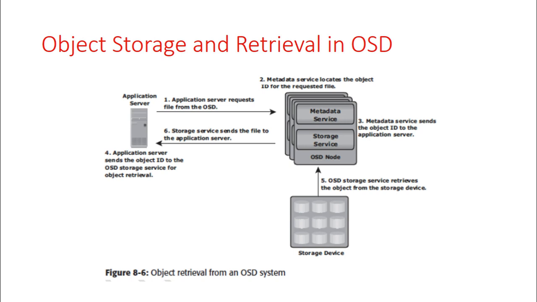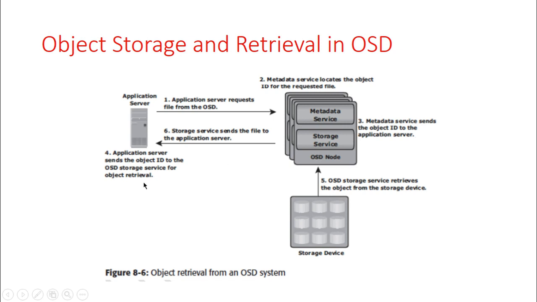So for retrieving objects in the OSD system, 6 steps will be processed. Step 1, the application server sends a read request to the OSD system. Step 2, the metadata service retrieves the object ID for the requested file. Step 3, the metadata service sends the object ID to the application server.